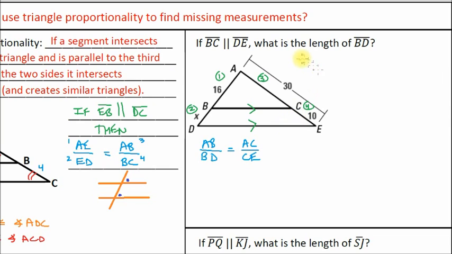So we know, based on triangle proportionality, that that statement is true. Now all we have to do is plug in our numbers, and let's go ahead and solve for the missing part. They want us to find BD, which has an X at it.